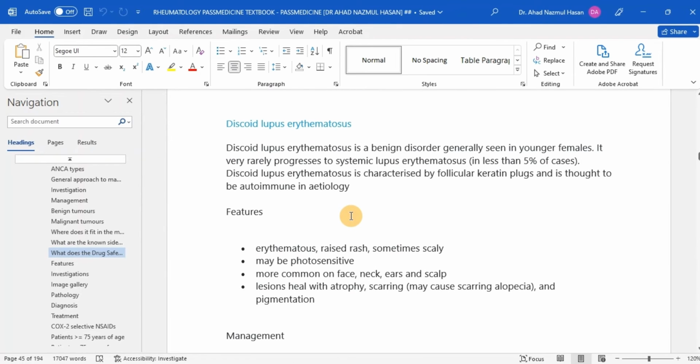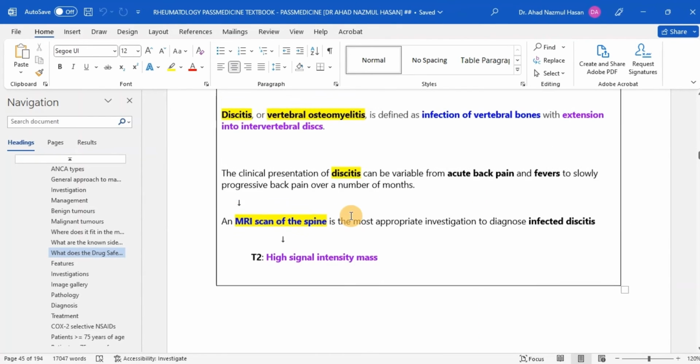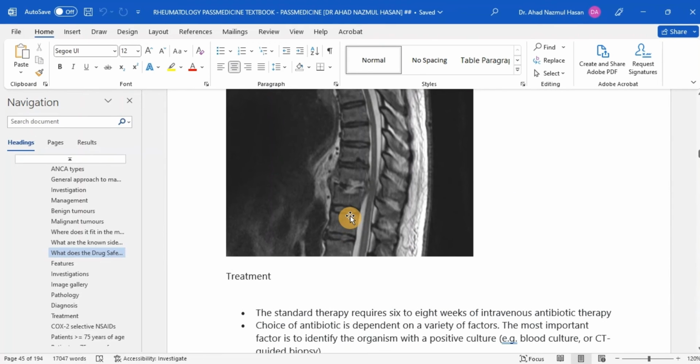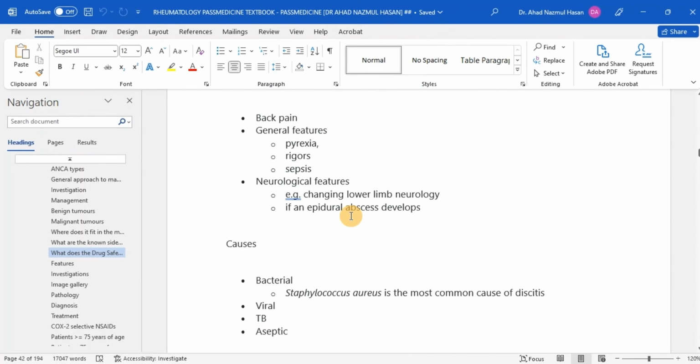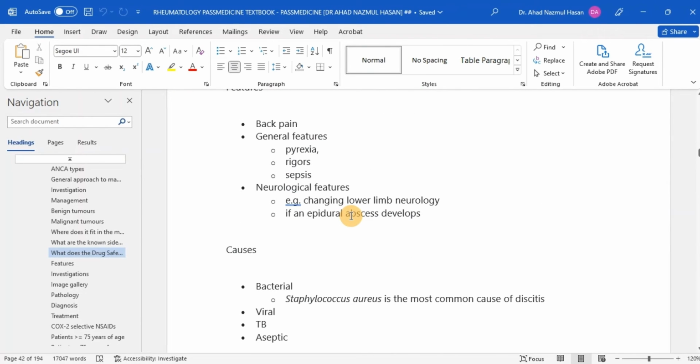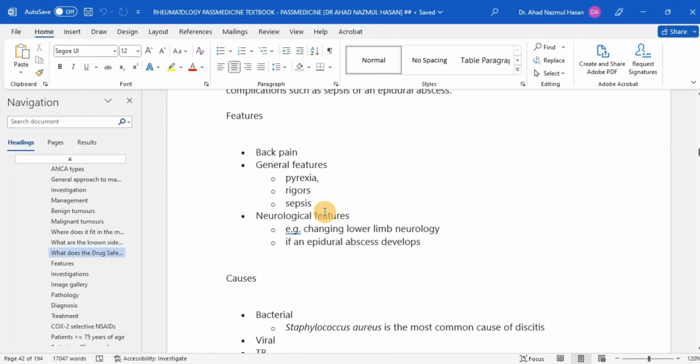Sorry, Dr. Ahad, how do you differentiate, how to diagnose the Discitis? Clinical feature. The clinical picture, in most of the cases, they usually come up with the back pain as well as fever, and this is usually gradual onset. Actually, there is no specific pattern. They will come up with the generalized back pain as well as features of fever coming up with a gradual onset.